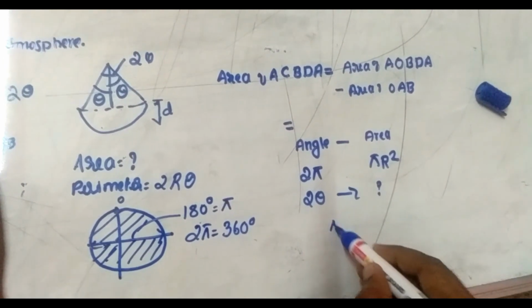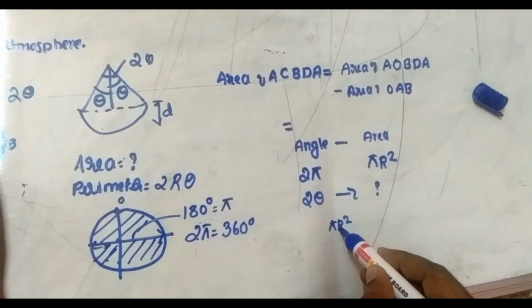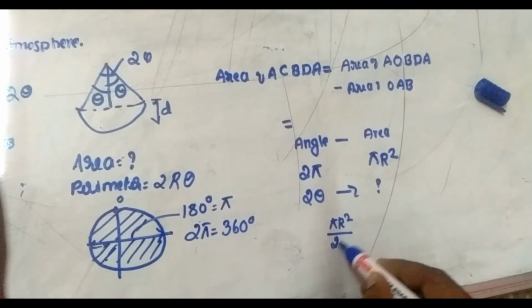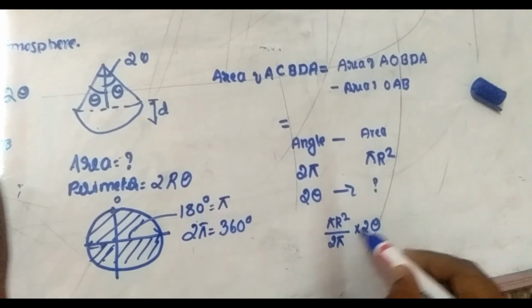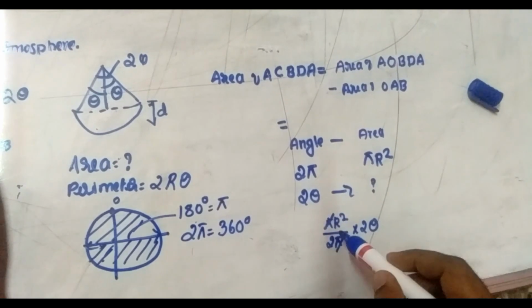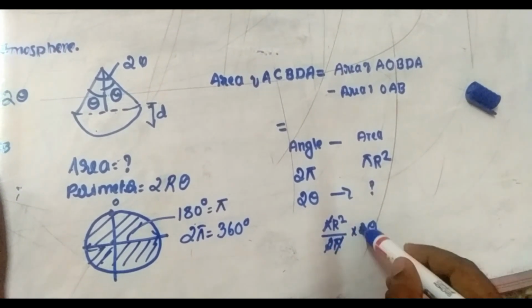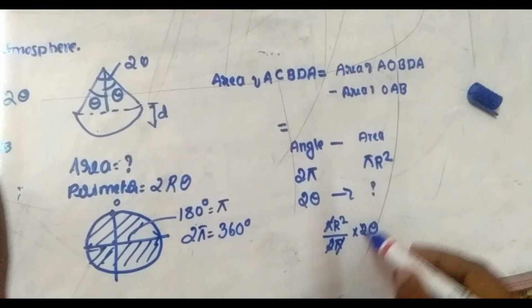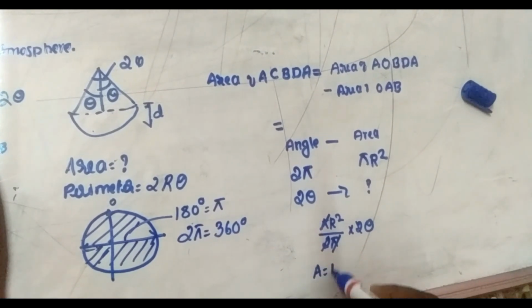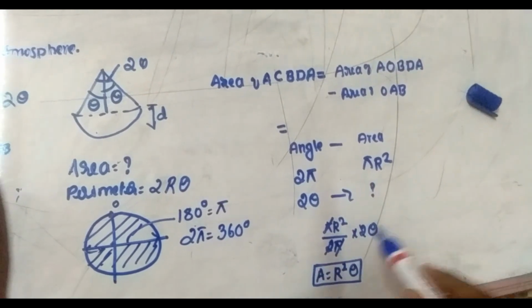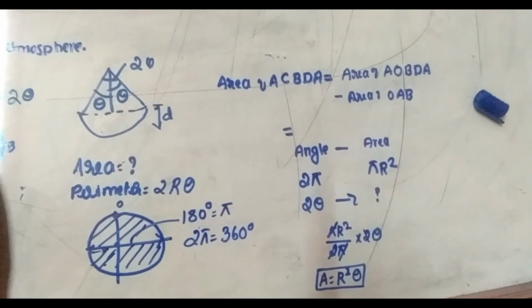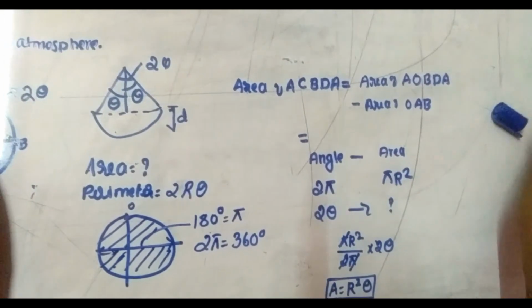So πr² divided by 2π into 2θ. The π cancels and the 2 cancels. So the area is r²θ.